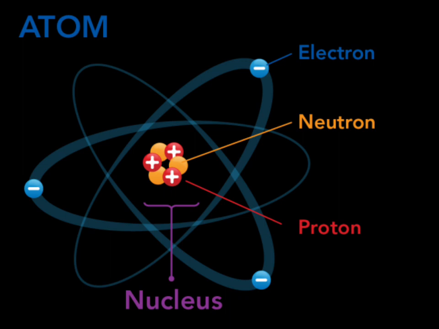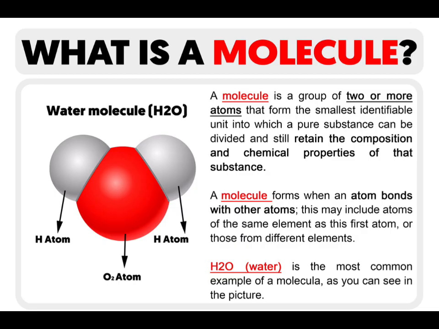All right? Now we've talked about atoms. Let's move on to molecules. What is a molecule? Molecules are composed of 2 or more different atoms that are attached together and behave as a unit. Therefore, a molecule is formed when 2 or more atoms are joined together.